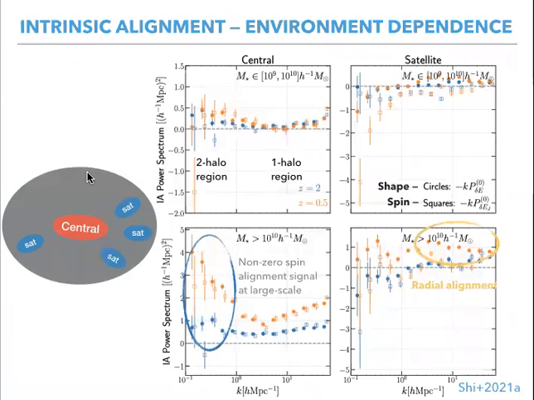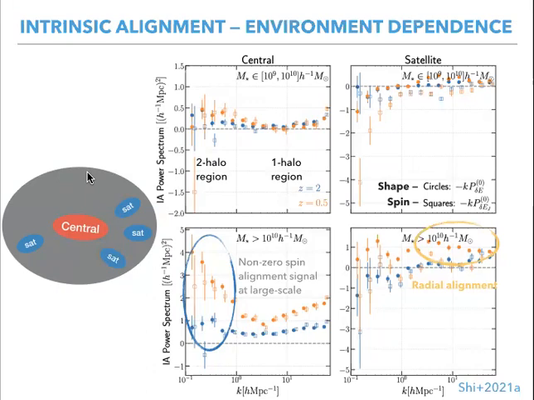I'm just trying to parse this, to see whether I have the right interpretation. The way this is expressed, in the bottom right-hand panel, positive corresponds to a radial alignment. At least that's what I assume, right? Yeah, at small scales, yes. At small scales.